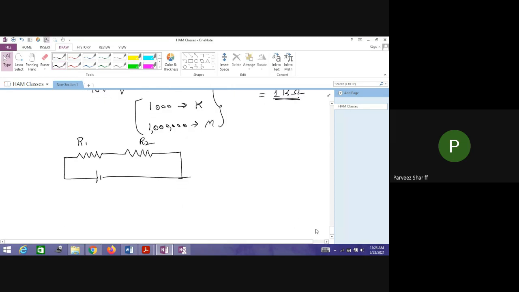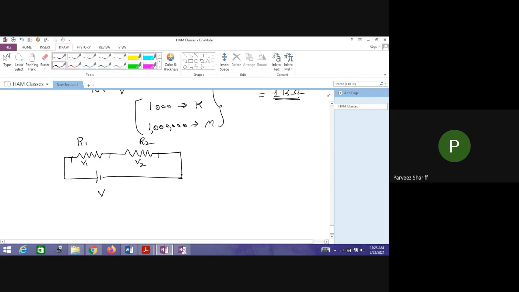There are two resistors which are connected. Now I want to find the voltage drop across each of these. What is the voltage drop across resistance R1 and the voltage drop across resistance R2? This voltage drop we can call V1, and this voltage drop we can call V2.